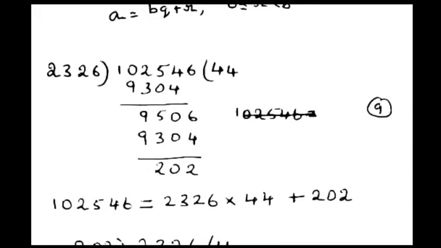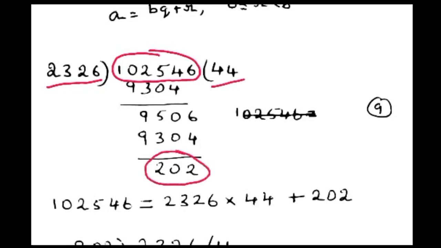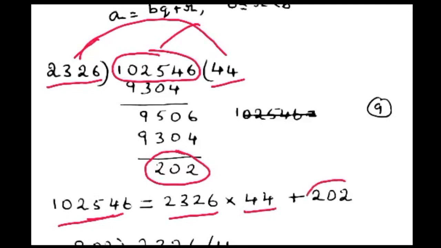Here the divisor is the smaller number, the dividend is the larger number. Now we got quotient 44 and remainder 202. So the dividend equals divisor multiplied by quotient plus remainder.